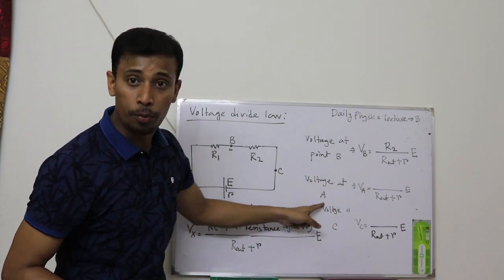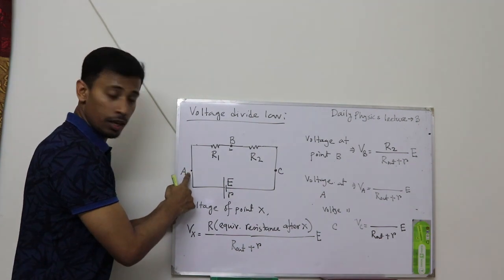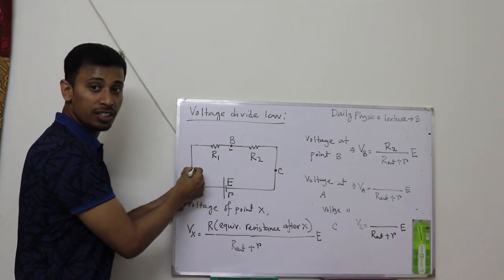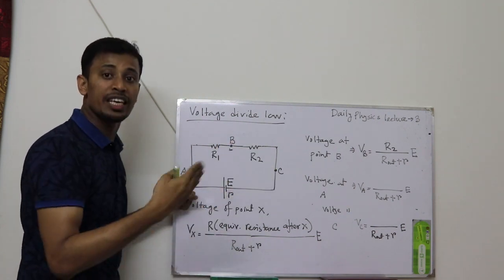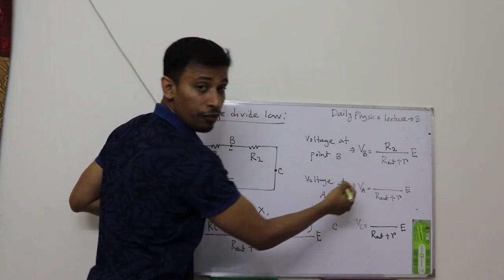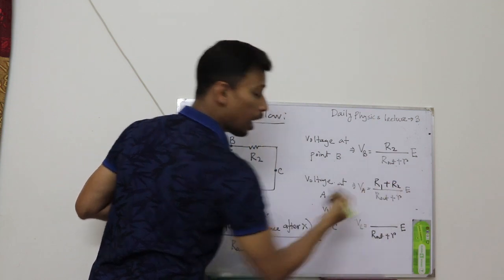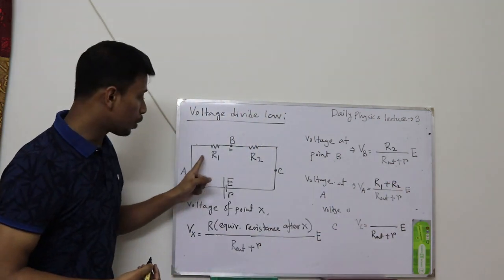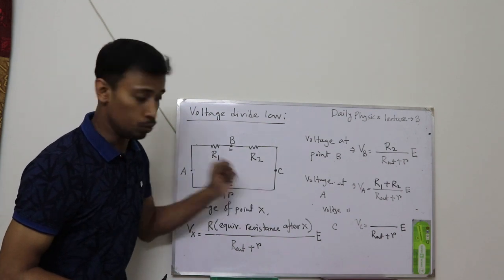Similarly, voltage at point A, VA. Where is A? Here. After this point, how many resistances do we have in our circuit? R1 and R2. So what is the equivalent of R1 and R2? As they are connected in series, the equivalent is R1 plus R2. So the top for point A will be R1 plus R2.